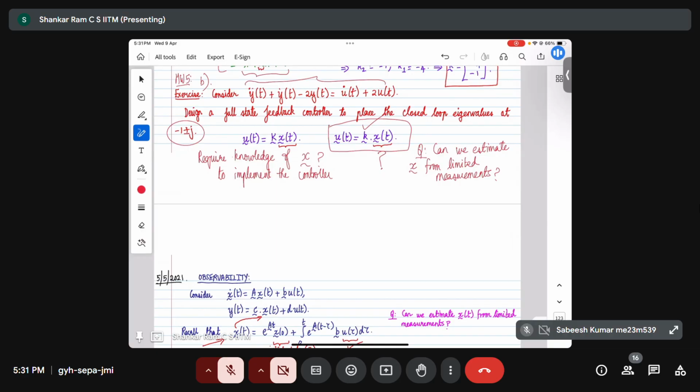And one of the most common estimators which is used is the well-known Kalman filter. I'm sure even in your applications and literature you would have heard about the Kalman filter, right?